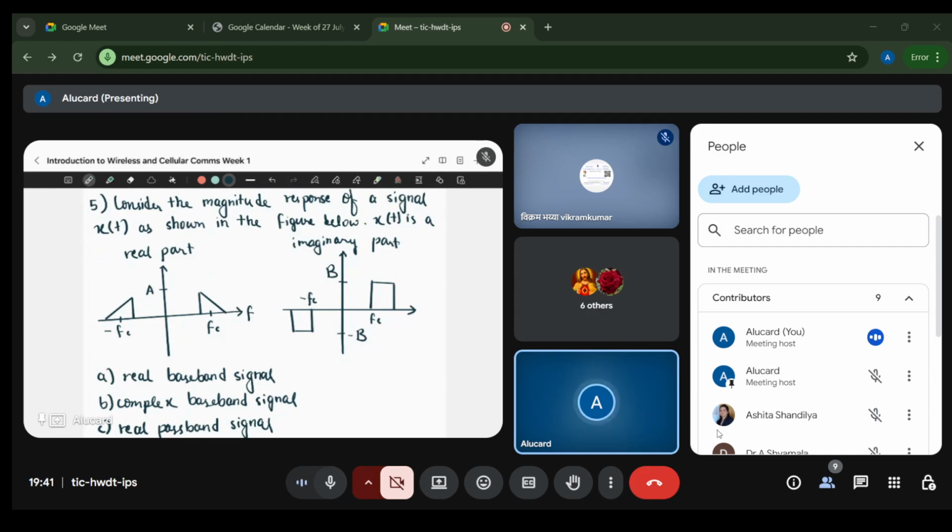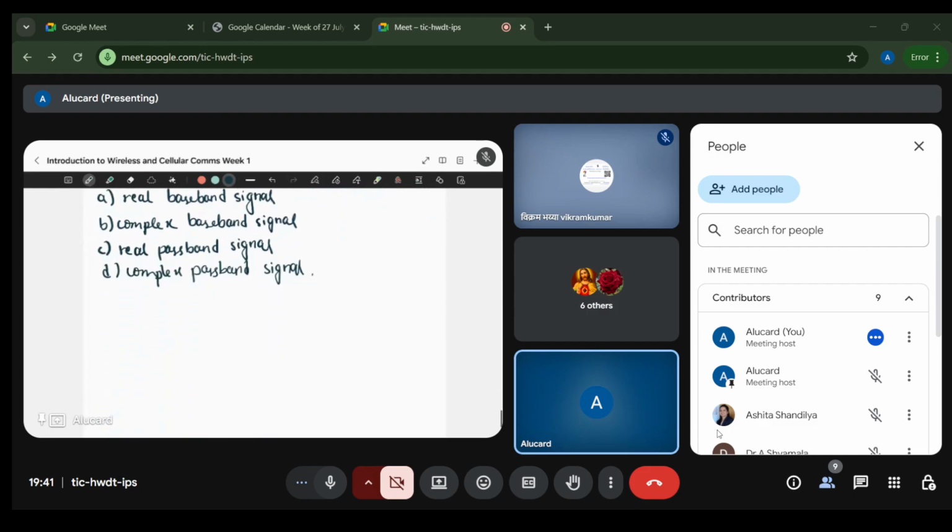If you have just a pure cosine, cos of 2 pi f t, you could write that as e power j 2 pi f t plus e power minus j 2 pi f t, divided by 2.